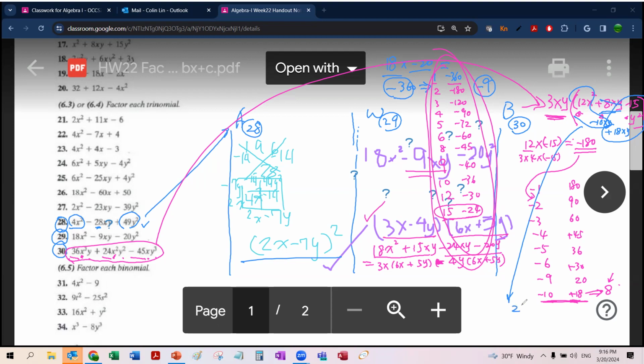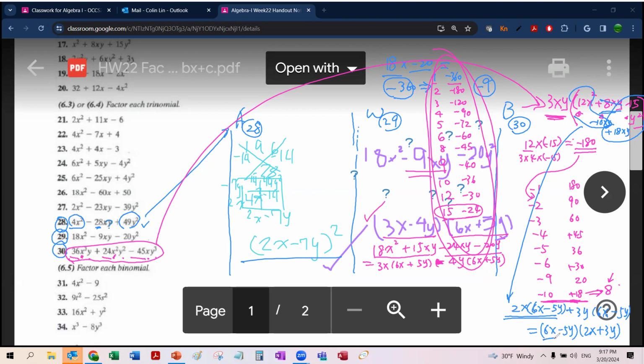We take 2x out, and 6x minus 5y. For the second group, we take 3y out, 6x minus 5y. What do you got? 6x minus 5y and 2x plus 3y. That's the pretty easy part, right?